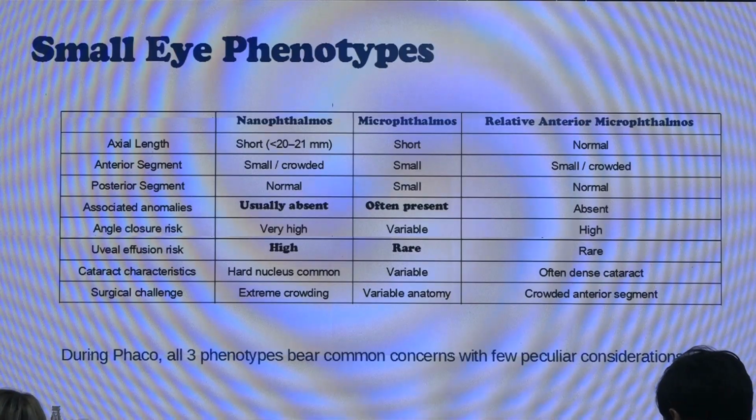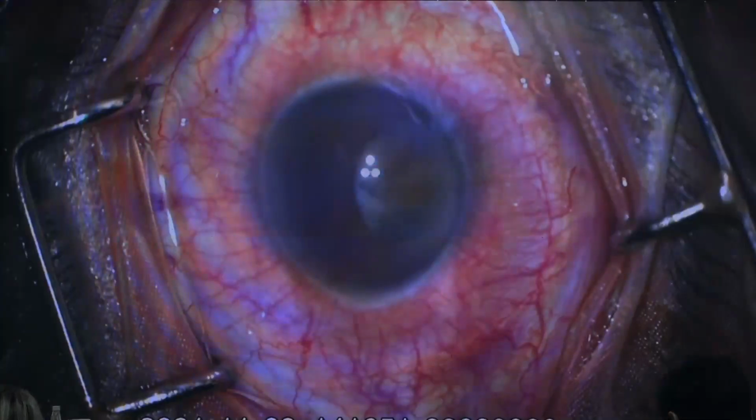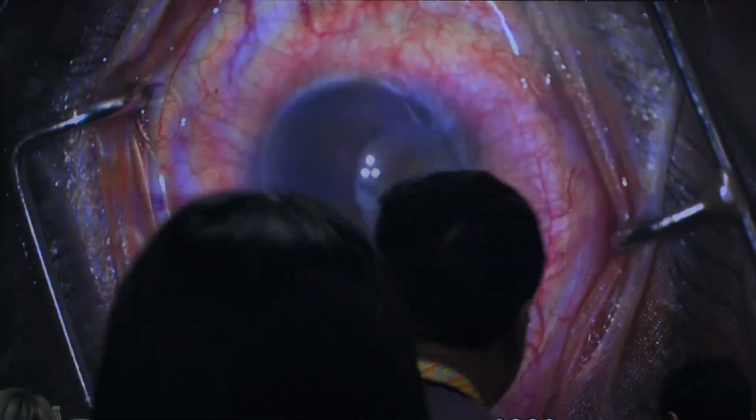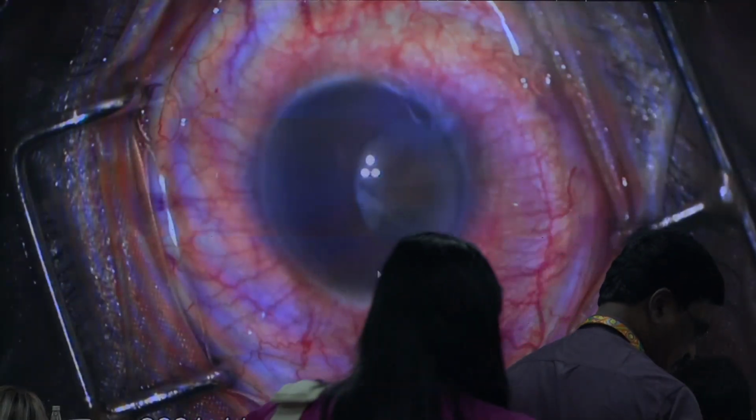Nanophthalmos are anatomically normal eyes. Developmentally also they are normal eyes, but they have a significantly short axial length and a crowded anterior segment. And uveal effusion risks are high in nanophthalmic eyes because of high scleral rigidity. But that's not really a concern while doing a phacoemulsification. It's more of a preoperative consideration.